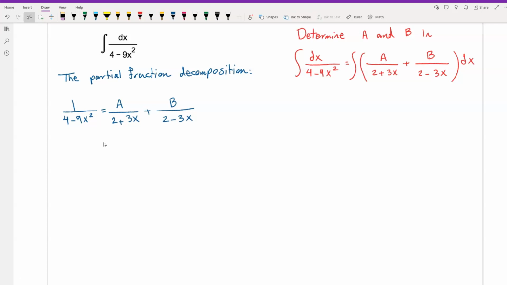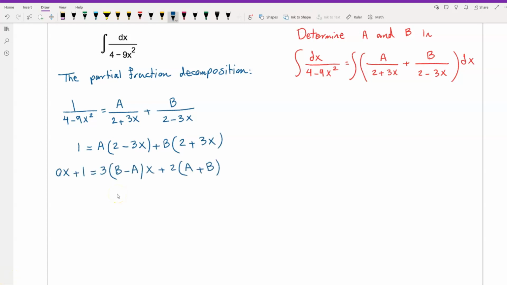Multiply both sides by the LCD. So on the left side, we're going to have 1, and on the right side, this is equal to a times 2 minus 3x plus b times 2 plus 3x.